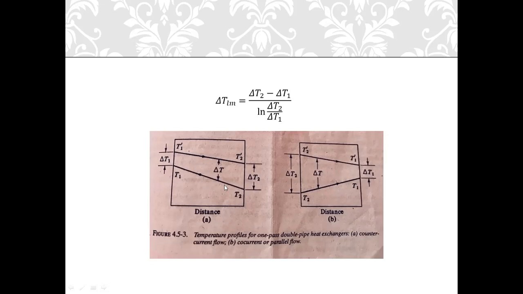But in these two, whether it's condition A or B, a countercurrent or a parallel condition in terms of the flow of the fluids in two concentric pipes, the delta T changes. So it's not something that is constant all throughout the length of the pipe. The same thing here with letter B.